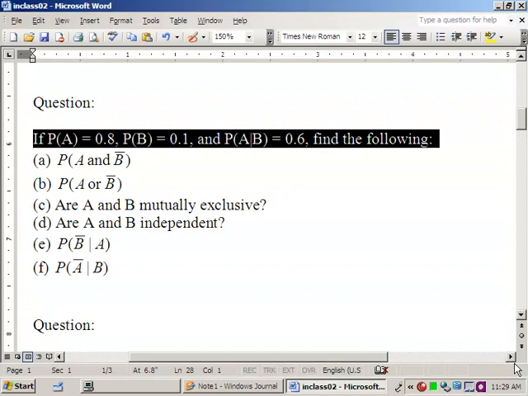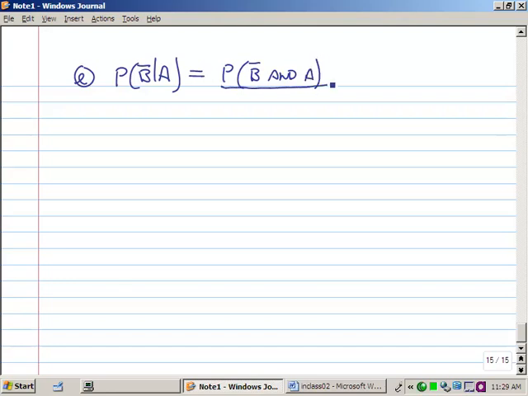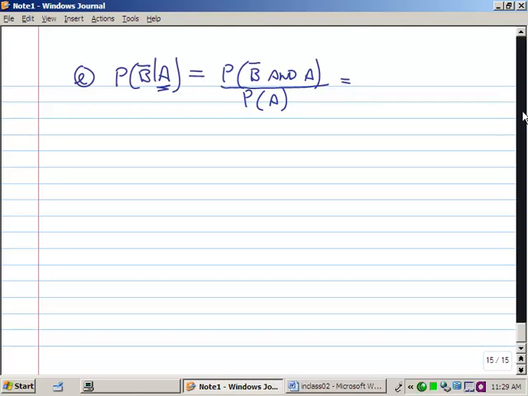Next, E, probability of B bar given A. Alright, what is that? Well, we make a formula. It's a joint probability across the top, so that'll be, let's not change the order, B bar and A, two events with an and in between, divided by whatever is conditioned on the left, so that's divided by the probability of A. Okay, so let's go back to our table and look at that.